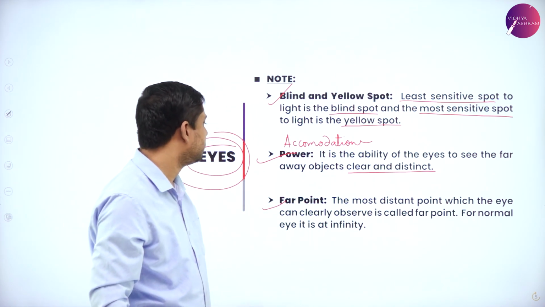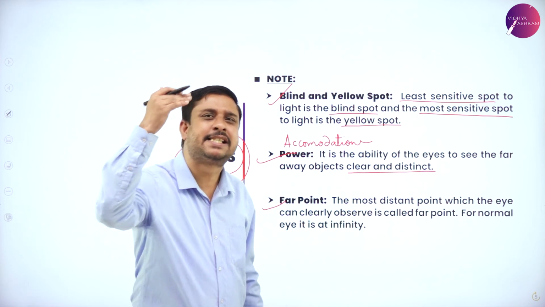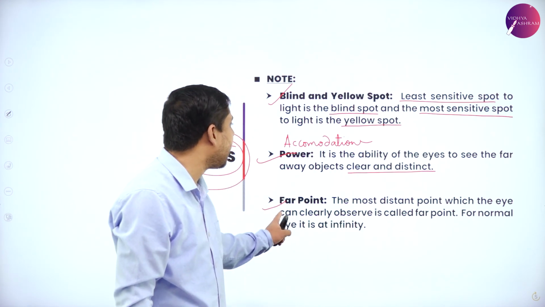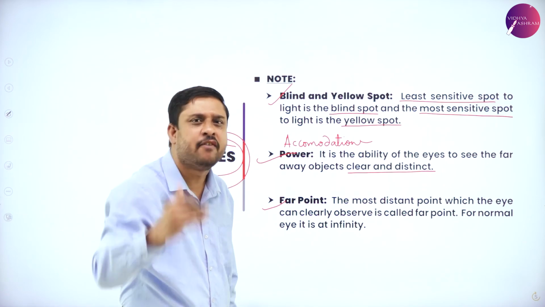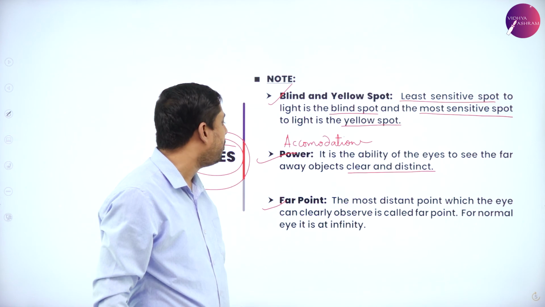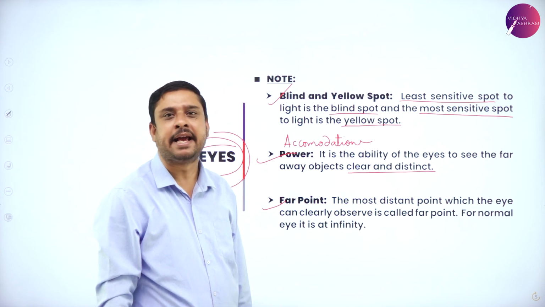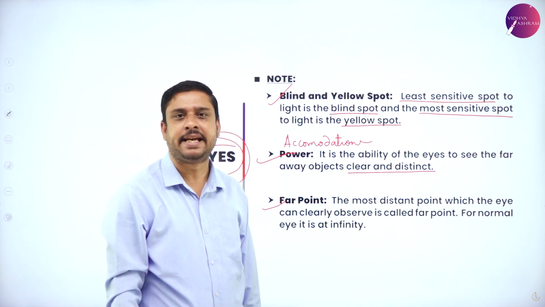Far point, the most distant point which the eye can observe clearly, the most far away point, is called far point, and for a normal eye it is infinity.